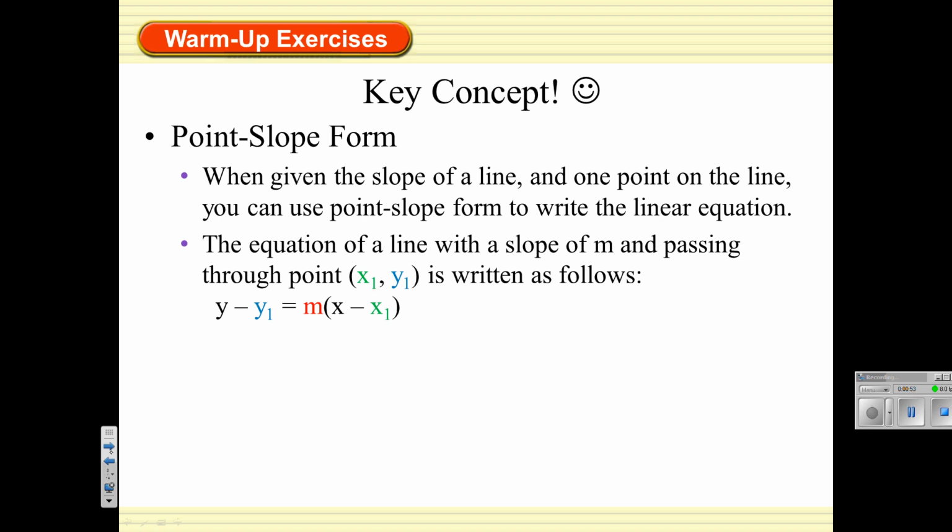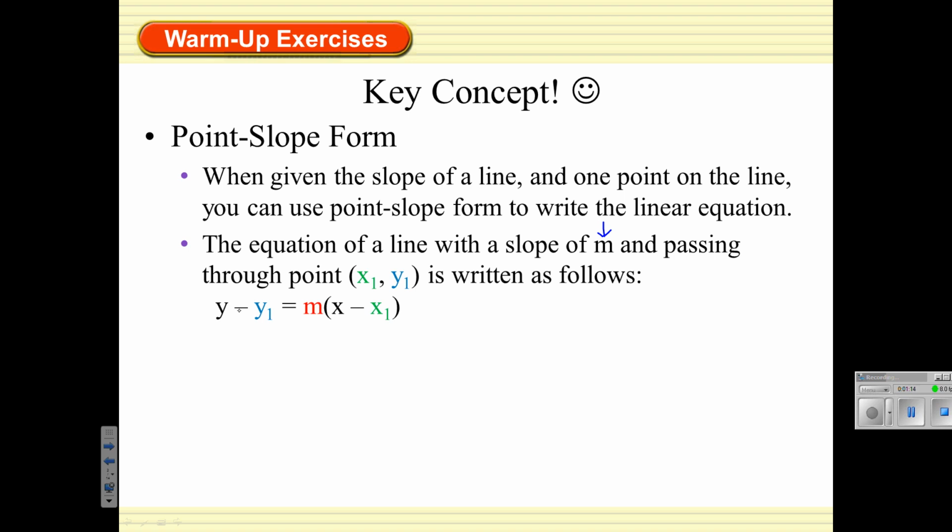Okay? The equation of a line with a slope of m, because that's always our slope, and passing through the point x sub 1, y sub 1 is written as follows. Now this y is black because that's the y that's in our equation. The y sub 1 is the y coordinate.